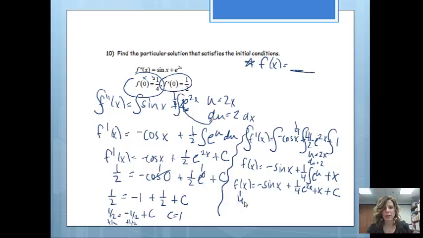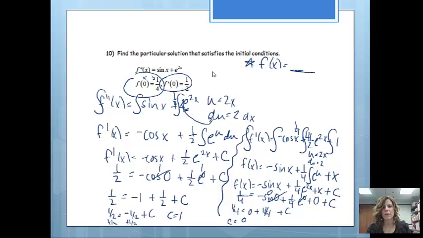So I have 1/4 equals negative sine 0 plus 1/4 e to the 0 plus 0 plus c. The sine of 0 is 0, e to the 0 is 1, so I'll have plus 1/4 plus 0 plus c, and that should give me that c is equal to 0.